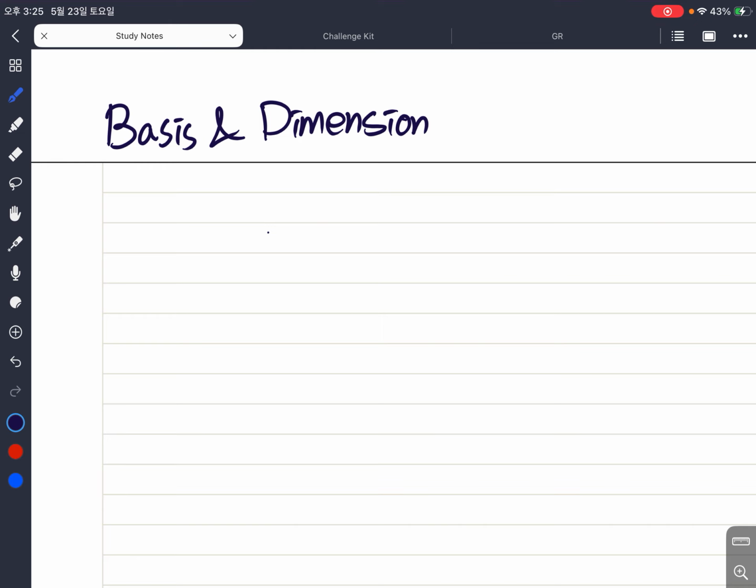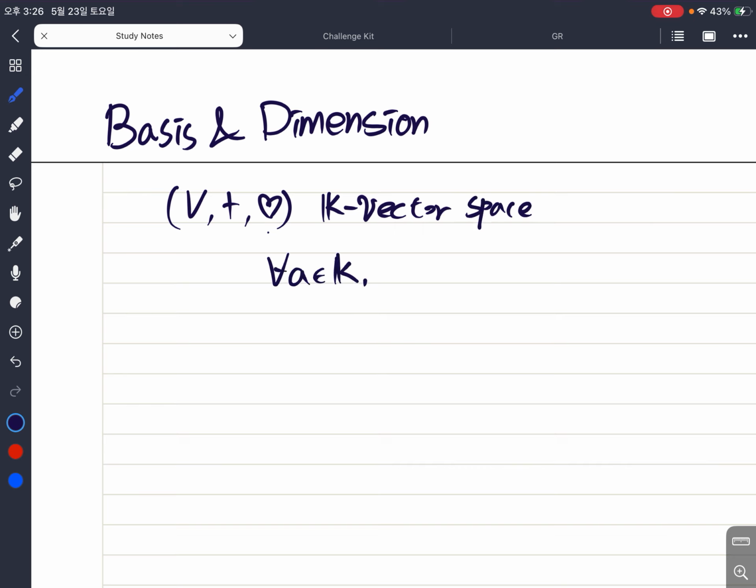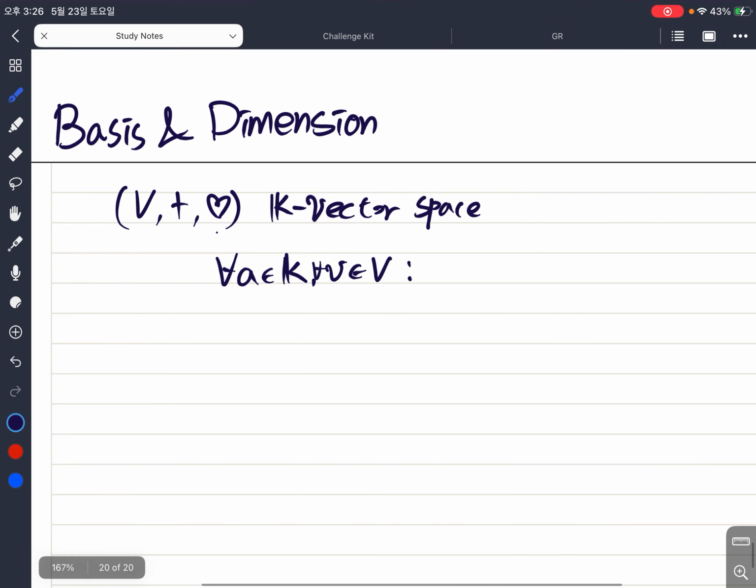So I write this is a vector space, a K vector space. In V, I will skip the symbol and just write aV. This is in fact just V multiplied by a. So this is how I assume it.